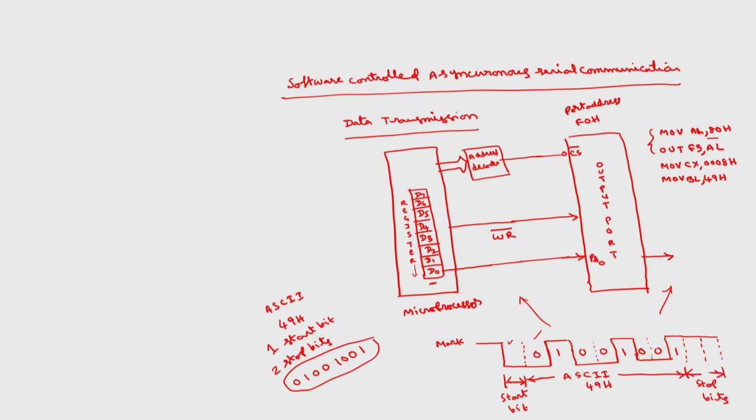First I want to transmit a start bit, which is logic 0. For that I can take MOV AL, 00H, OUT F0H, AL, since the port A address is F0H. So what happens to PA0? All zeros will be transmitted, PA0 to PA7 becomes 0.